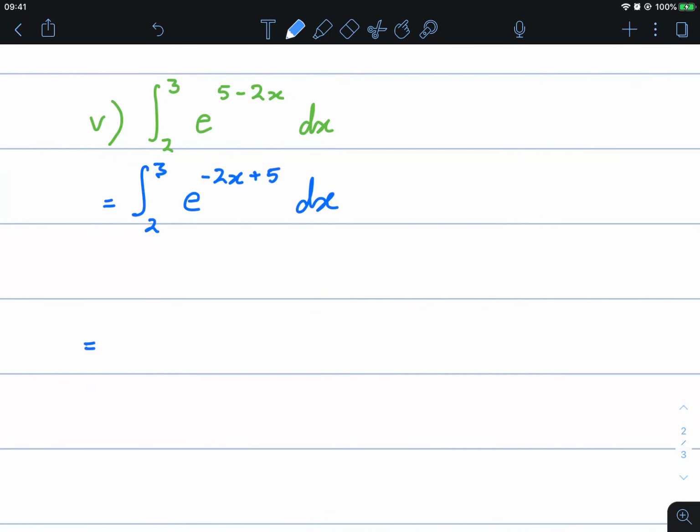Now for this, we're going to integrate. It's going to be the exact same expression divided by the coefficient of x. So divided by 1 on 2, but it's negative, so negative half. And because this is a definite integral, we're just going to evaluate from 2 till 3.